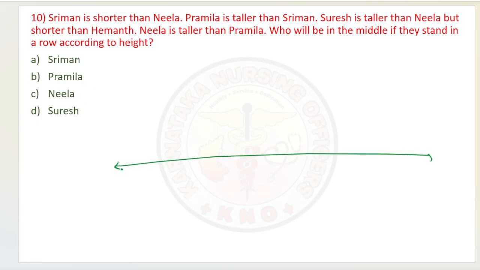So here is the baseline. Sriman is shorter than Neela. That means Neela is taller, right? Pramila is taller than Sriman.